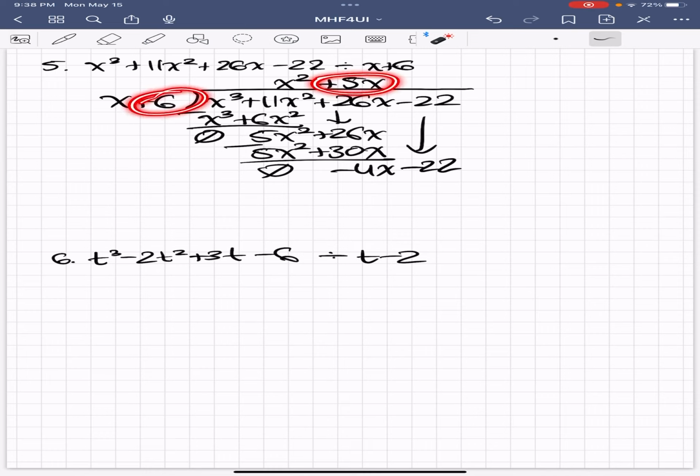We just multiply these two numbers together to get this number. Negative 4x, what multiplied by x would get you negative 4x? What's missing? Negative 4.